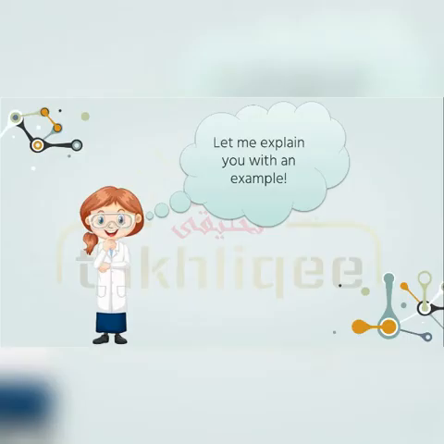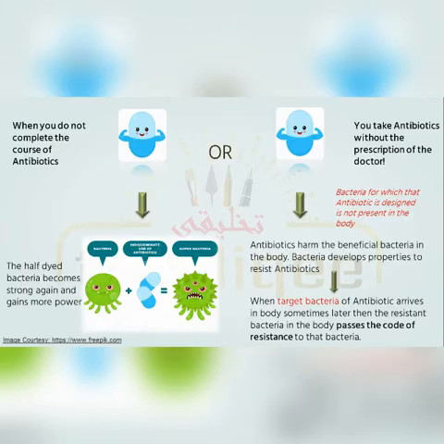Let me explain with an example. There are two situations when antibiotic resistance develops. One, when we do not complete a course of medicine prescribed by the doctor. For example, if a doctor prescribes a medicine for 5 days and we start to feel healthy on the third day, so we quit taking antibiotics.